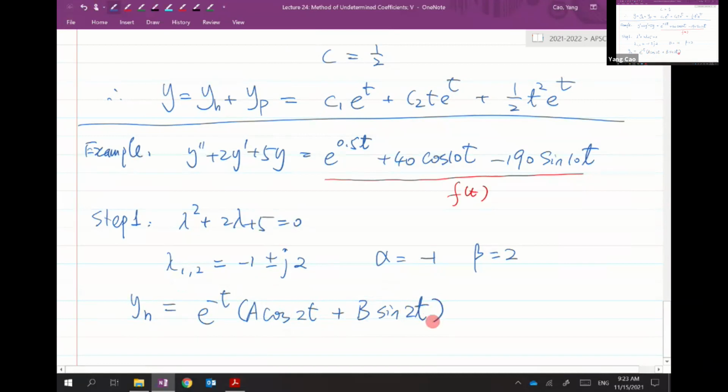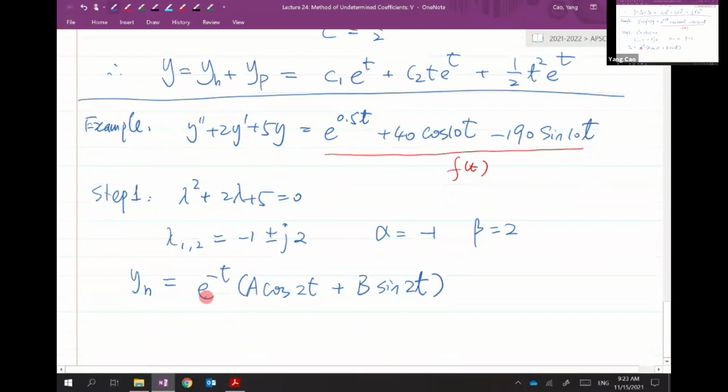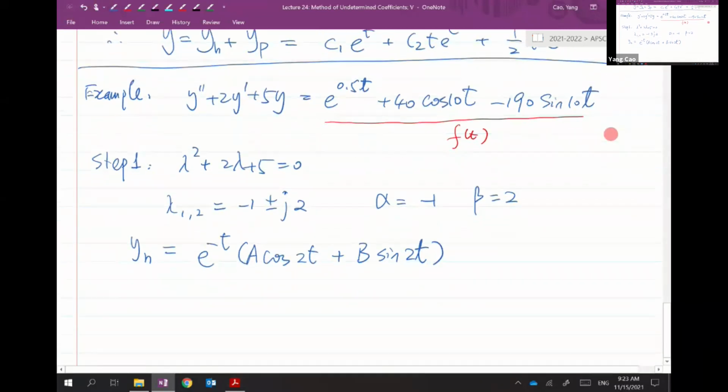Right, that's the solution when you have a pair of complex conjugate roots. Okay. So those are the formulas you will be able to have for the final, but you have to be able to use them appropriately. Okay, so this is your step 1.